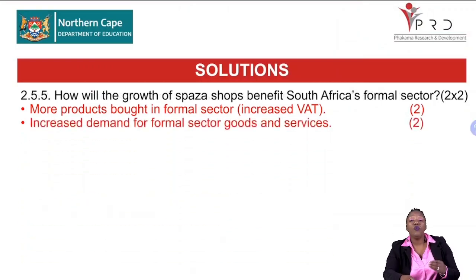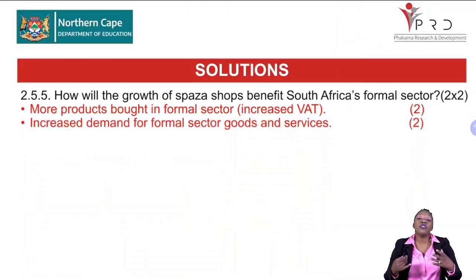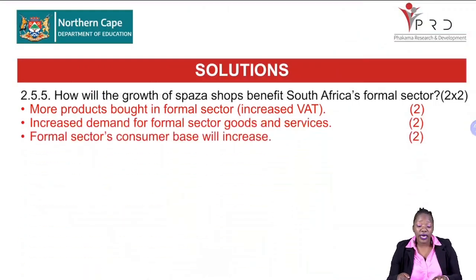Then secondly, we're looking at the increased demand for the formal sector goods as well as the services. So if there are so many informal traders buying from the formal sector, which means there will be an increase in demand, the formal sector will be able to produce more of the goods. Then we're looking at the formal sector, whose consumer base will also increase.